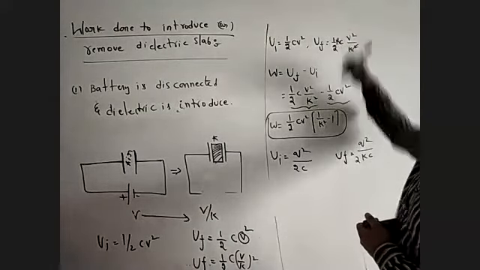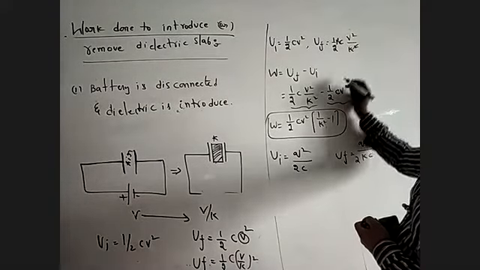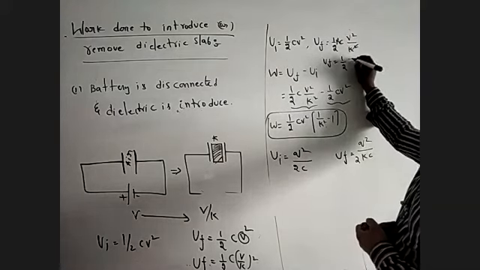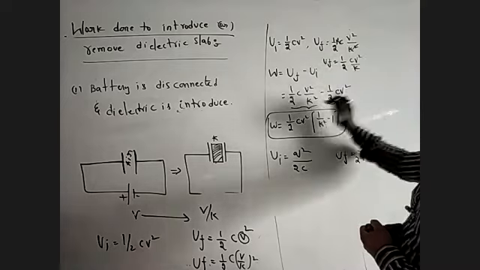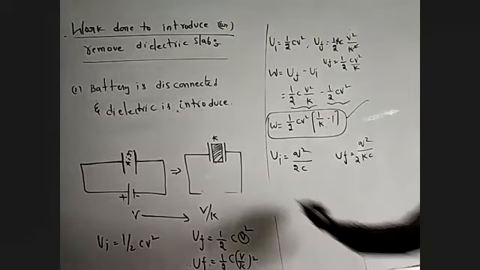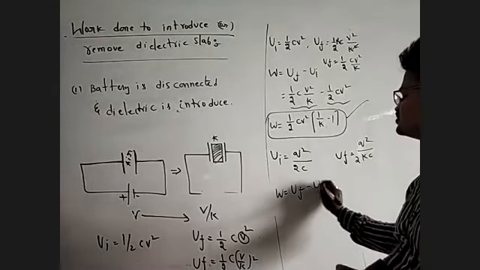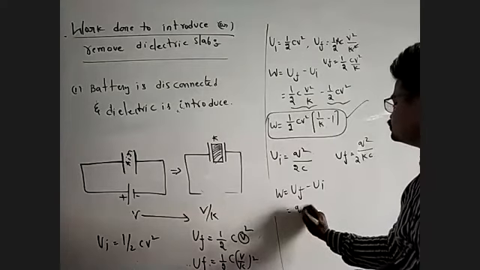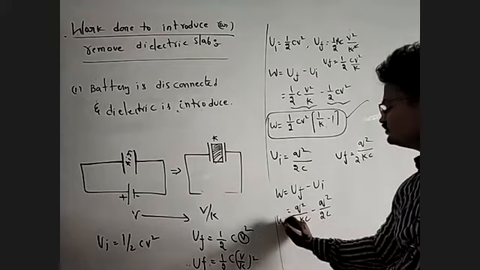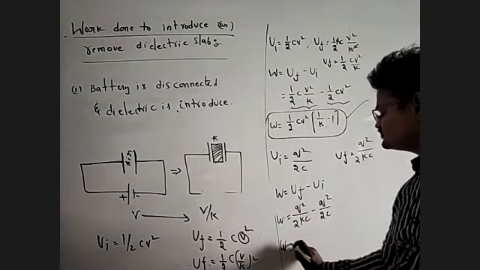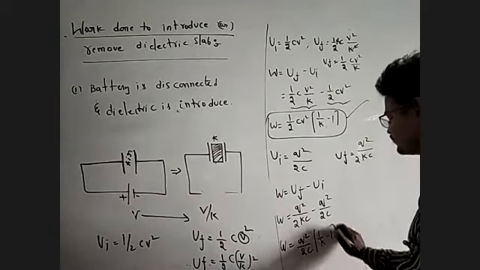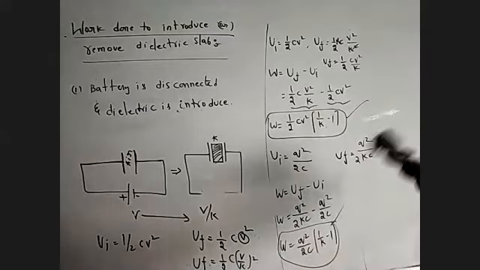Here also K cancels, so U final is equal to 1 by 2 CV squared by K. Work done is final minus initial: Q squared by 2KC minus Q squared by 2C. So W is equal to Q squared by 2C (1 by K minus 1). This is your work done.